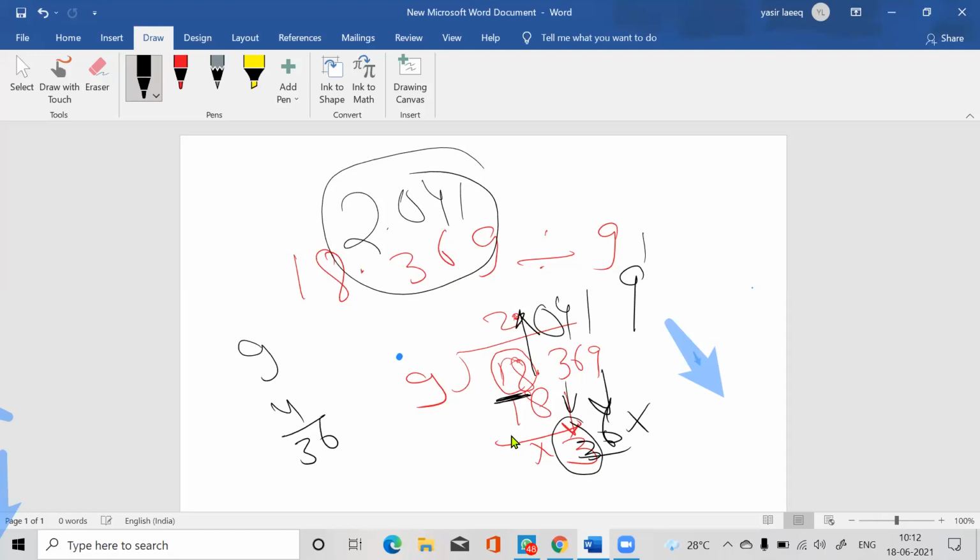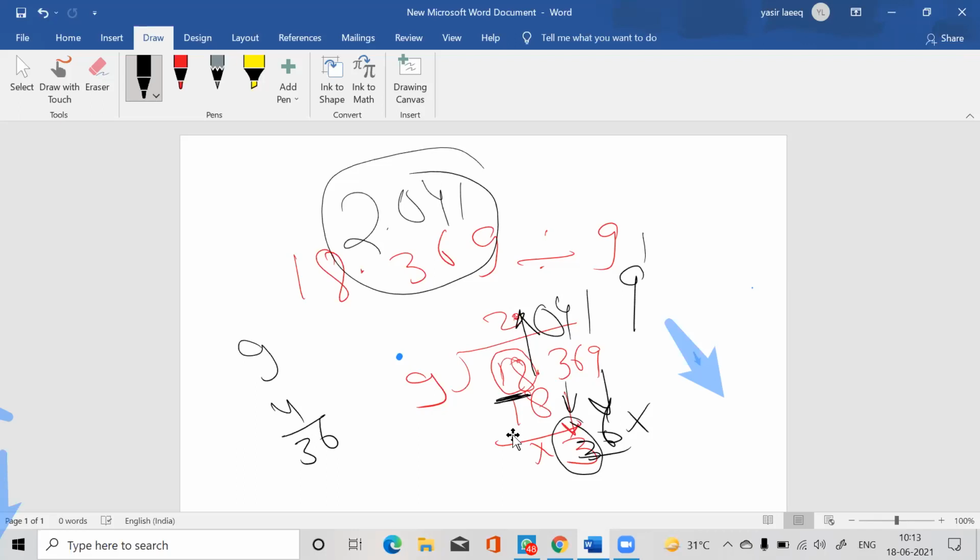Just remember, in one word: do normal division and put the decimal at the places which have already been covered. Means if 2 places of the division are completed, then you have to put the decimal there.